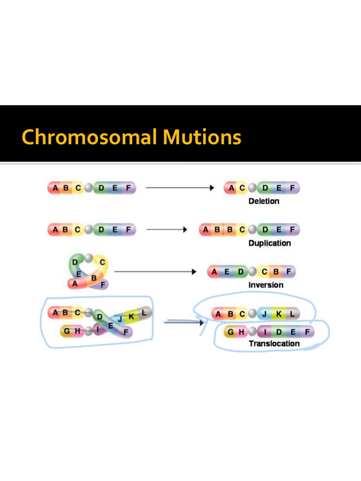Now, after the mutation on the right, you can see that they have swapped information. This top chromosome, A, B, C, instead of D, E, F, it is now J, K, L, and on the bottom, there is that swapped information on that chromosome. So translocation once again occurs when part of one chromosome breaks off and attaches to another. It is a swapping of information, very dangerous.